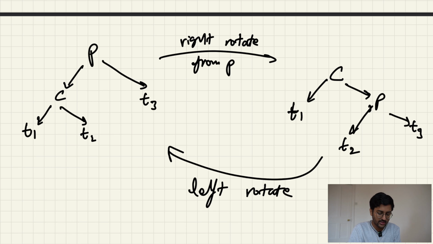Originally T2 was on the left hand side of P, now also T2 is on the left hand side of P. Originally C was smaller than P. In the rotated one also C is smaller than P. Similarly, you can do the left rotate also. If you want to do left rotate, then P will come up, C will go down, T2 will go on the right hand side, and so on and so forth. Very simple. These are the two basic formulas that we will use.